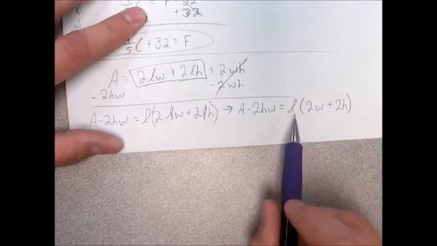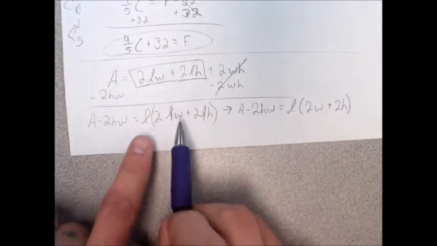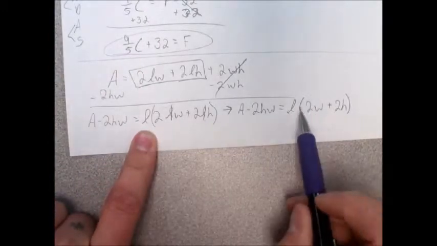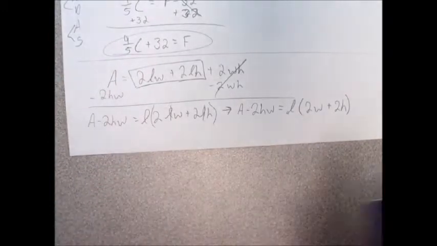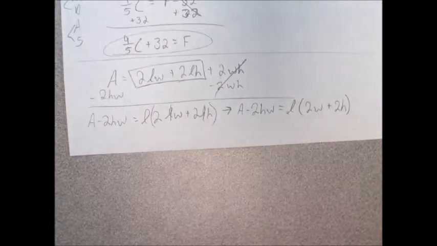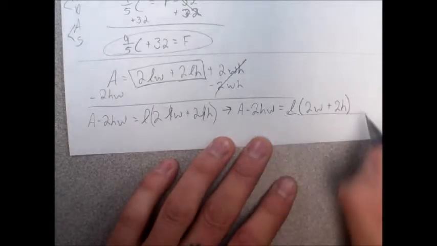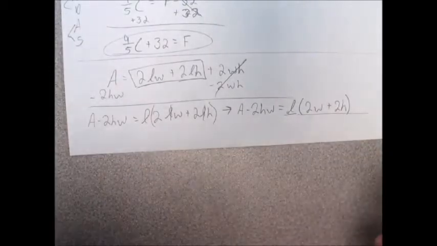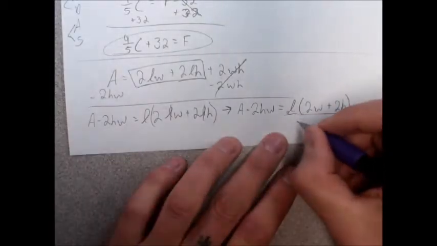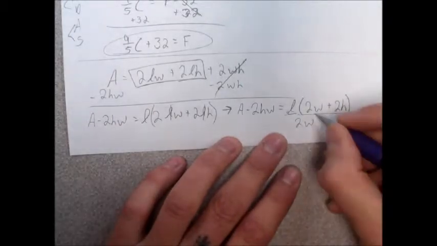So I'm going to go over again why I didn't factor out the 2. If I would have done that, then I would have had a 2 out there with my L, and I didn't want that to happen. How do I get rid of an L multiplying by a, I would divide by what? 2W plus 2H. I'm going to divide by the entire thing.